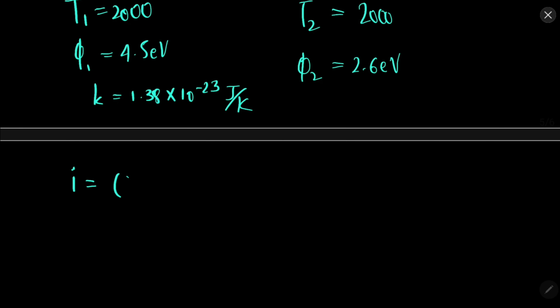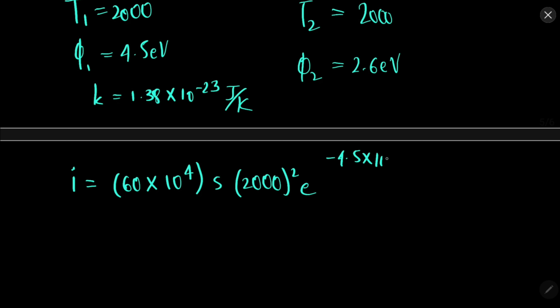So I equal to 60 into 10 to the power 4 A S 2000 whole square e to the power minus 4.5 into 1.6 into 10 to the power minus 19 over 1.38 into 10 to the power minus 23 into 2000, that is 2 into 10 to the power 3.